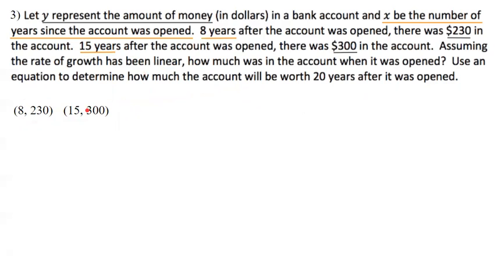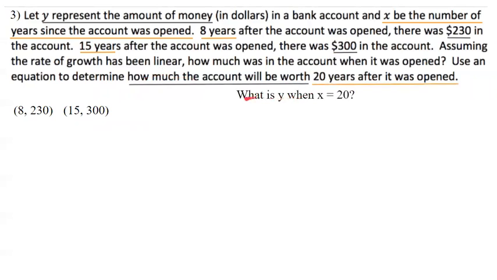Essentially, we can use y equals mx plus b. Last is what the problem is actually asking. How much money is there after 20 years, or in terms of our variables, what is y when x equals 20? Well, we have 2 points, so let's first find the slope.